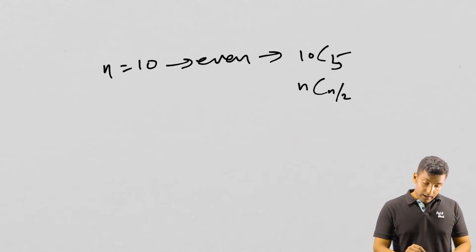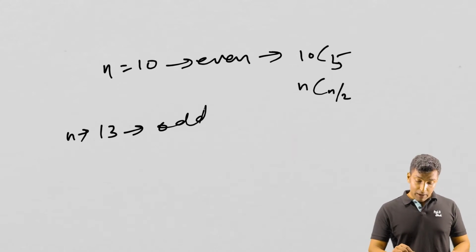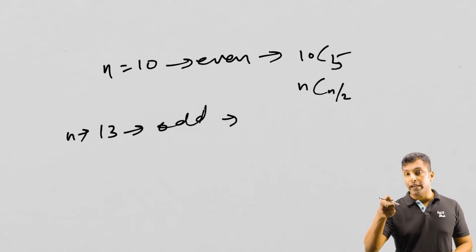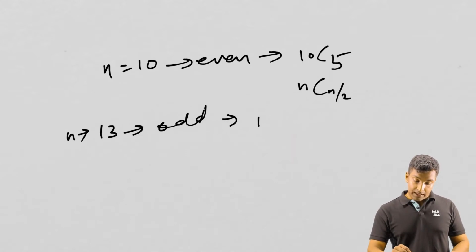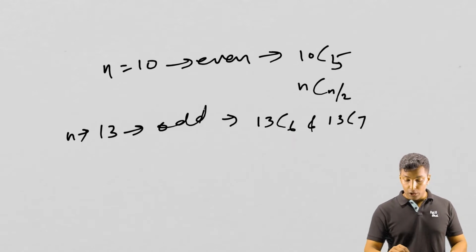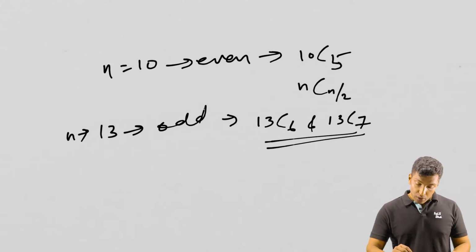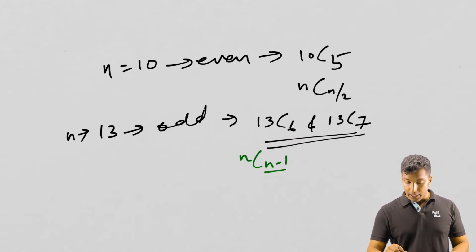If n is odd, that is, let's suppose 13, then it will be nC (n minus 1) by 2 and nC (n plus 1) by 2. So you will get 13C6 and 13C7, two maximums. So this is what you need to keep in mind. If you take nCr values, you may get questions to find the maximum. In case of odd numbers, there will be two maximums, which are nC (n minus 1) by 2 and nC (n plus 1) by 2.